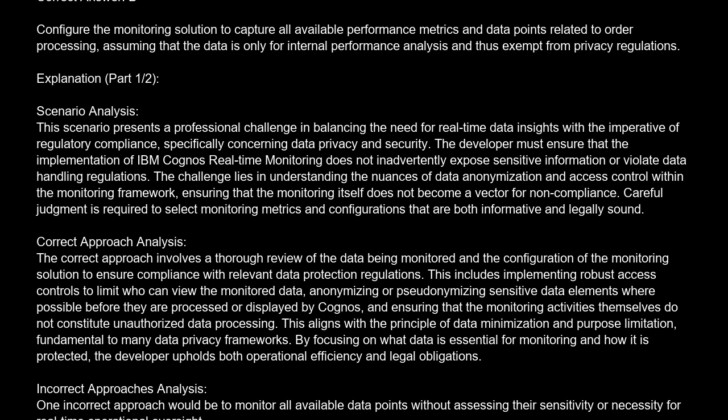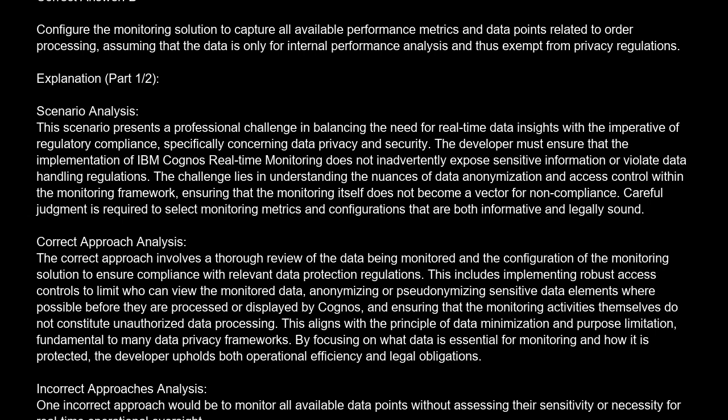Correct approach analysis. The correct approach involves a thorough review of the data being monitored and the configuration of the monitoring solution to ensure compliance with relevant data protection regulations. This includes implementing robust access controls to limit who can view the monitored data, anonymizing or pseudonymizing sensitive data elements where possible before they are processed or displayed by Cognos, and ensuring that the monitoring activities themselves do not constitute unauthorized data processing.